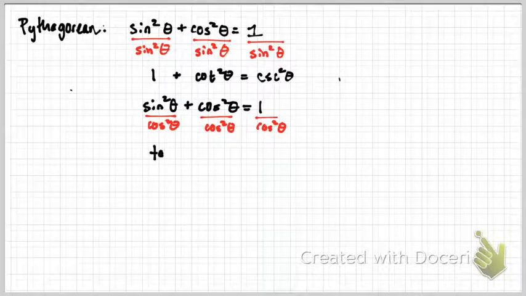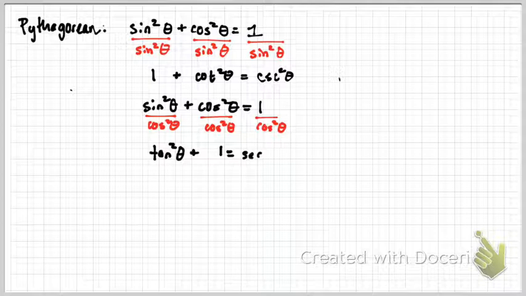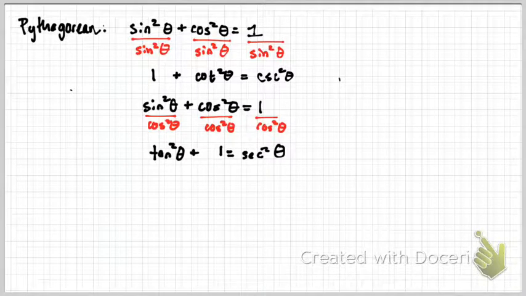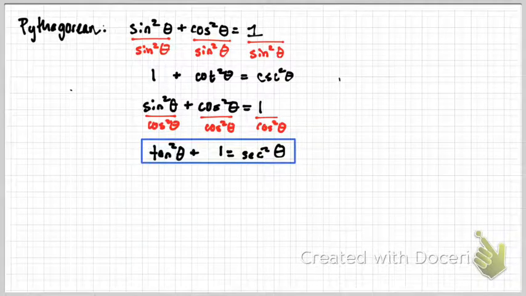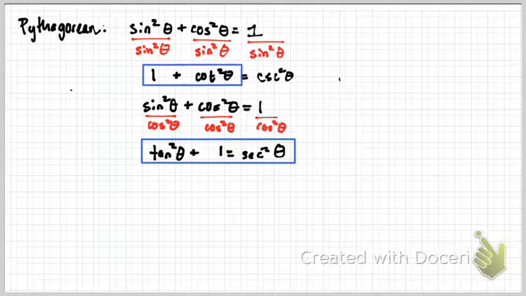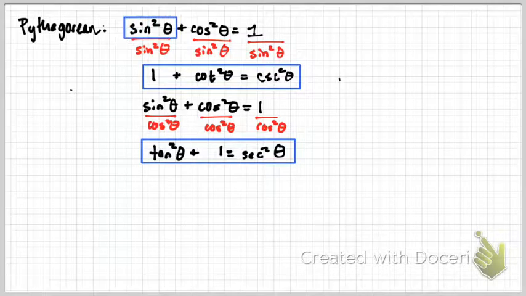Tangent squared theta plus 1 equals secant squared theta. And now we have our three Pythagorean identities, 1, 2, and 3, all coming from our first one, which is here.